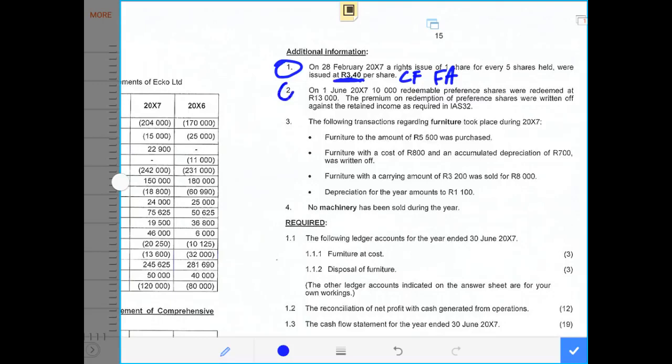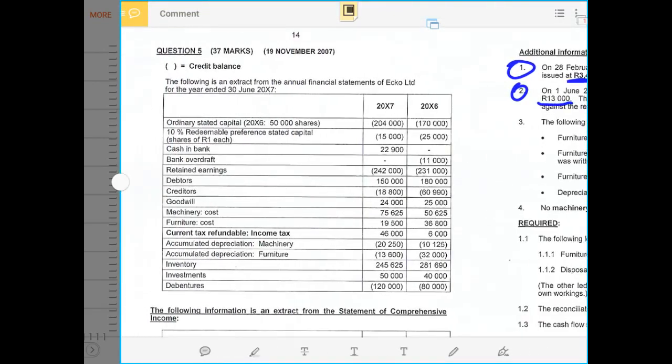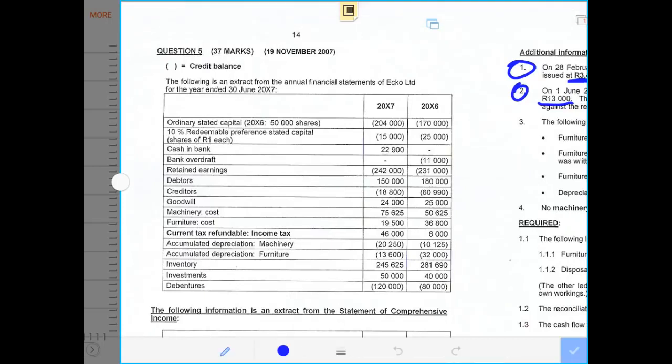And number 2 says that on the 1st of June 2007, 10,000 redeemable preference shares were redeemed at 13,000 rands. Let us go to the statement of financial position, the extract of the annual financial statements, the first one.